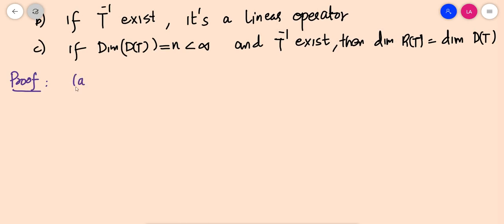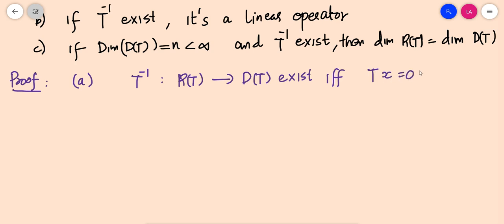So the first part, A. In the first part we have to prove that T inverse, from R(T) to D(T), exists if and only if T(x) = 0 implies x = 0.